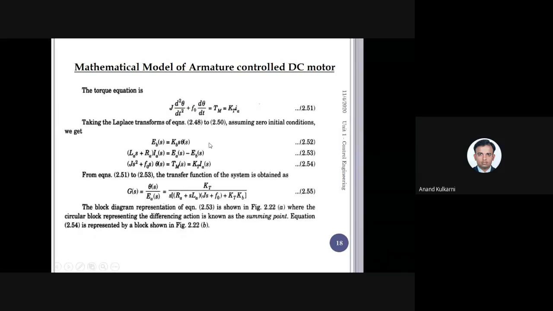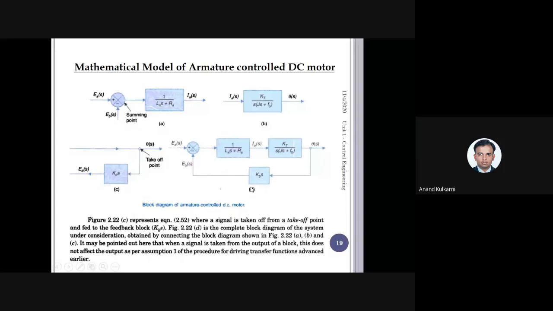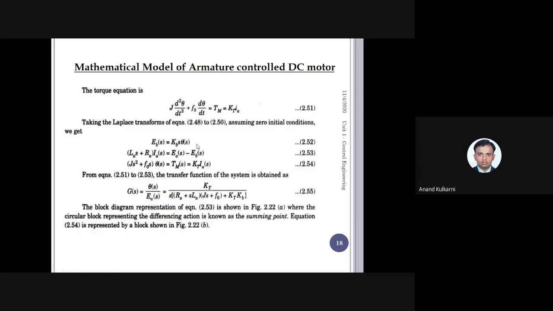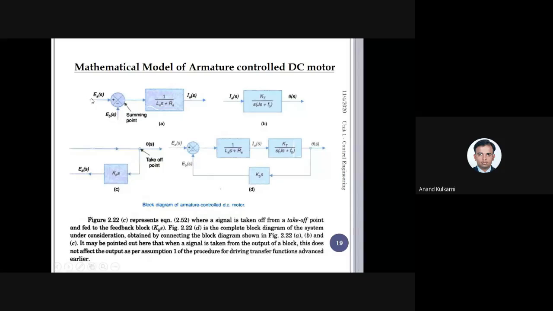So overall, you get the transfer function theta of S upon Ea of S by simplification as Kt divided by this, or this can be done by using a block diagram. See here, the first equation, you can see here, Ea minus Eb of S is equal to LAS plus Ra into Ia of S. So Ea minus Eb, here Ea is there, here Eb is there.